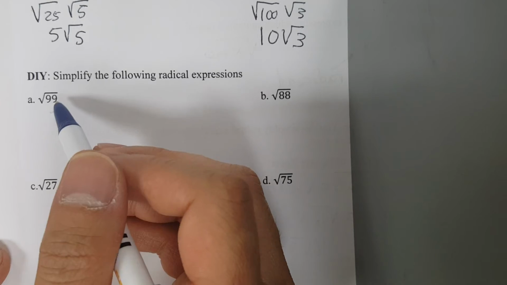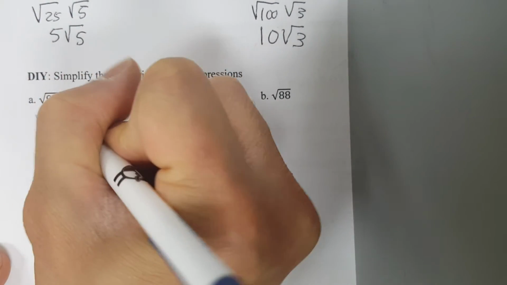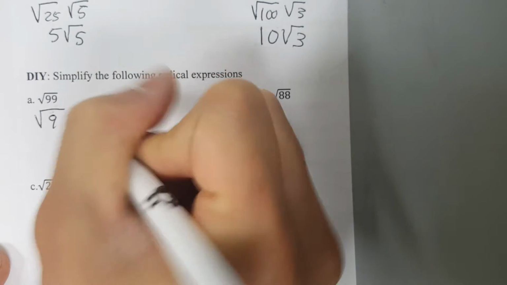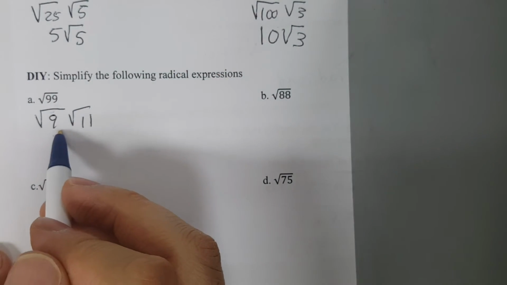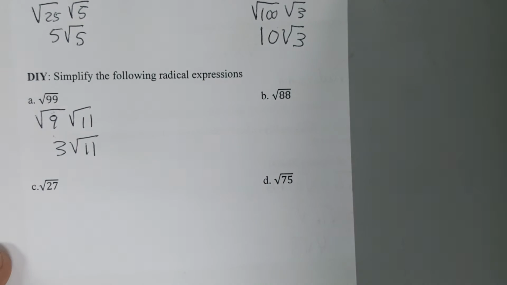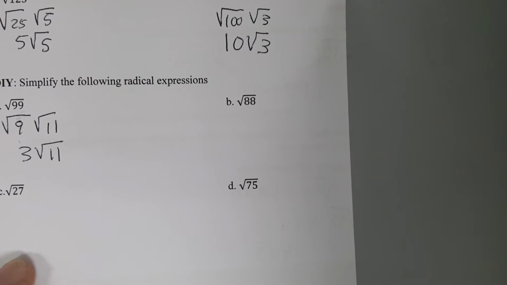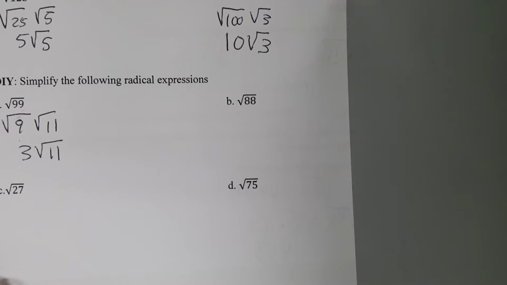The square root of 99 is really, the biggest perfect square that can go into 99 is 9. And the square root of 9 is 3. So it's 3 radical 11. Now if I look at 88, you probably have to play around with this a bit. 88 divided by 2 is 44.